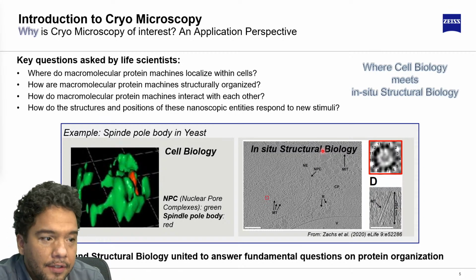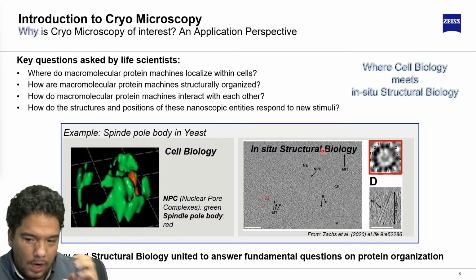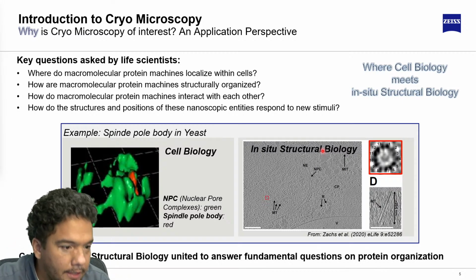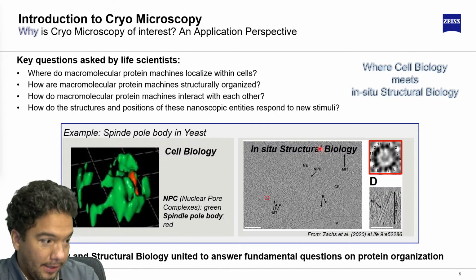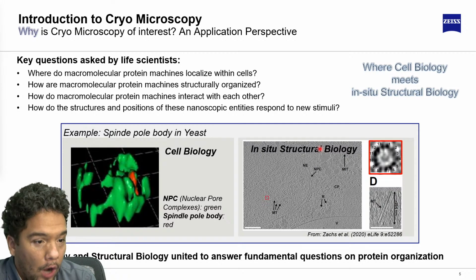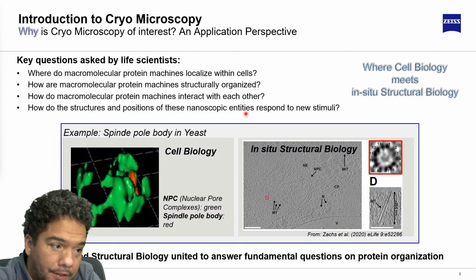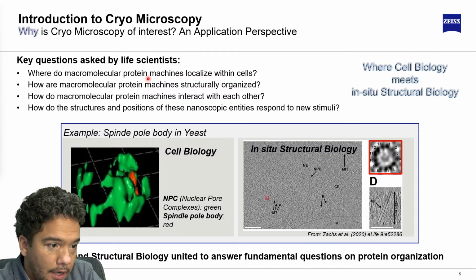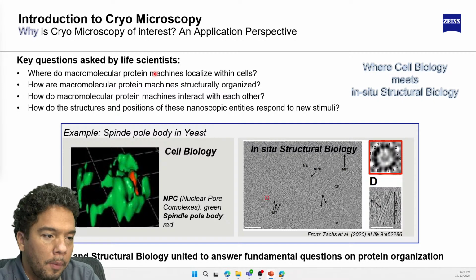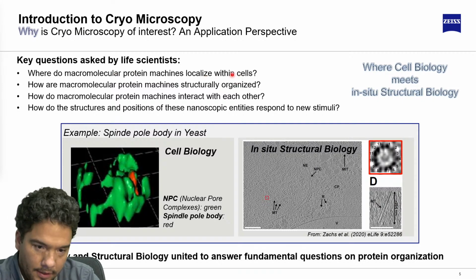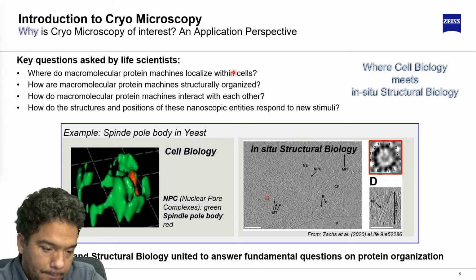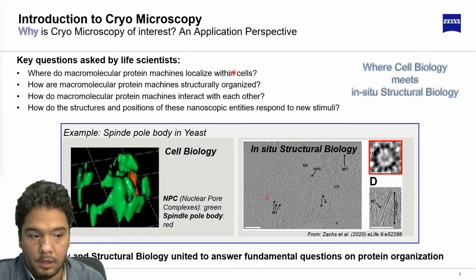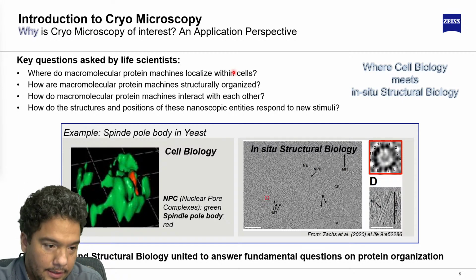Key questions asked in life science: if you have some experience and want to study these, this is probably the technique you need. The typical question is, where do macromolecular protein machines localize within the cells? As I mentioned, if you want to localize in the 3D context of your ultrastructure, this is the technique.